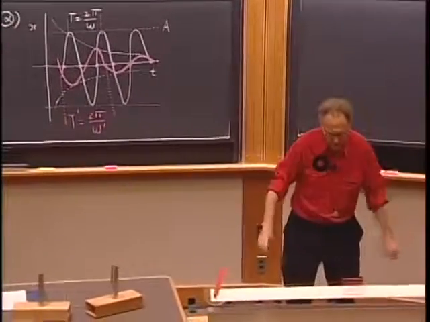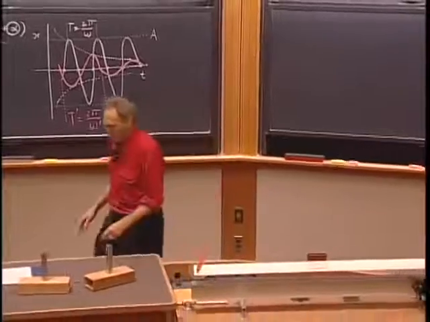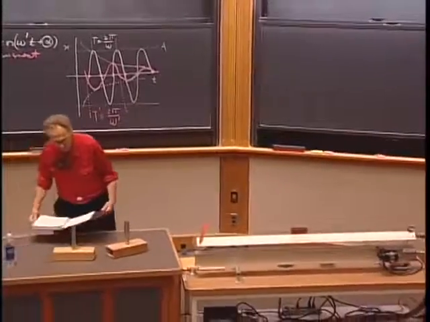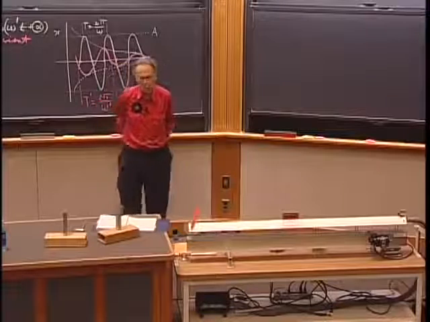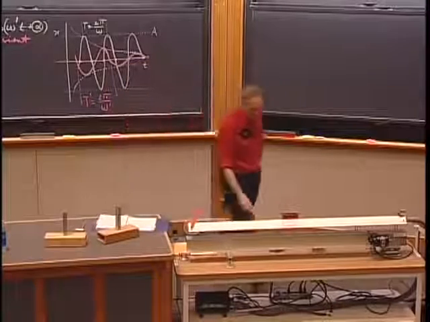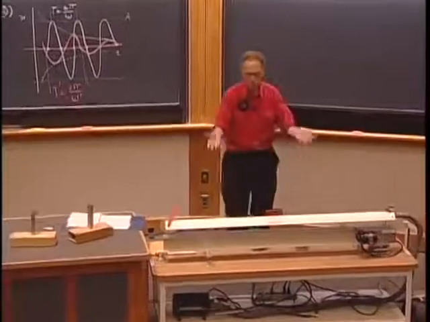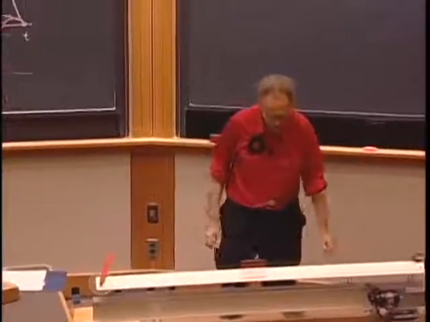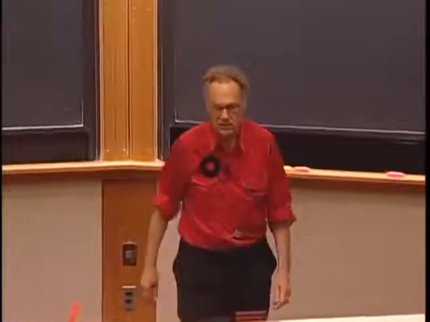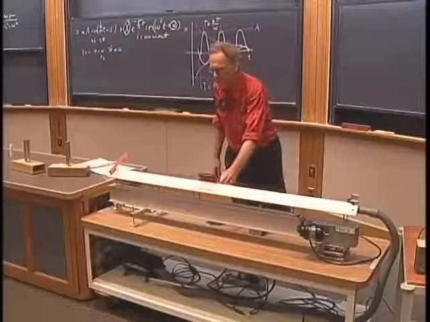This is an air track, and we can make the damping very low, unpleasantly low, believe me. A very low value of gamma when I turn on the airflow. So here is a spring constant K, here is one spring constant K, and here is the mass. And there's very little friction.